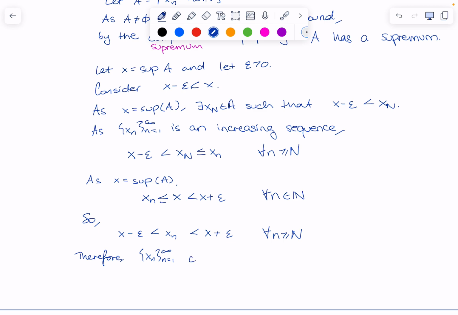I was going to say xn is the sup, but that's not right; we already defined x. Our tail definitely converges: there's some N such that for every n bigger than that, xn is within epsilon of our x value. So it converges to x, which equals our supremum. I'm going to go ahead and say A, since we have it. Okay, questions or concerns?